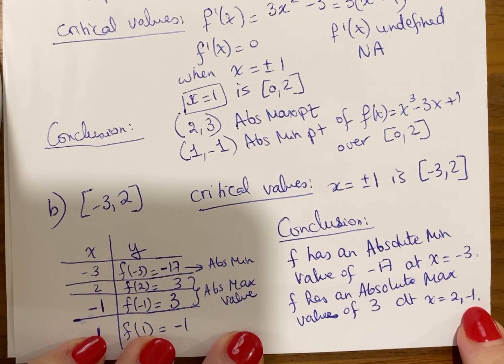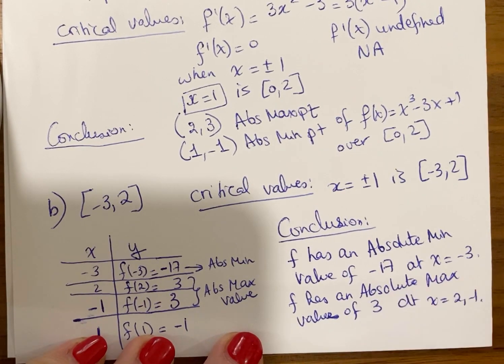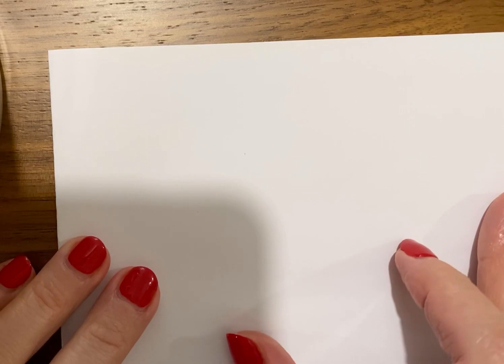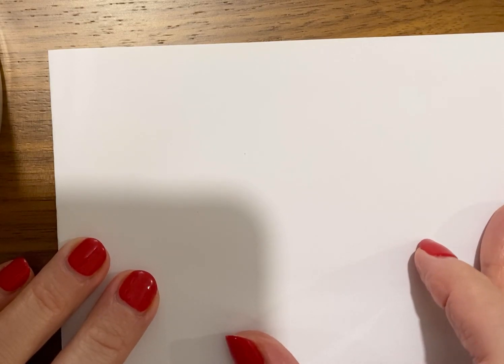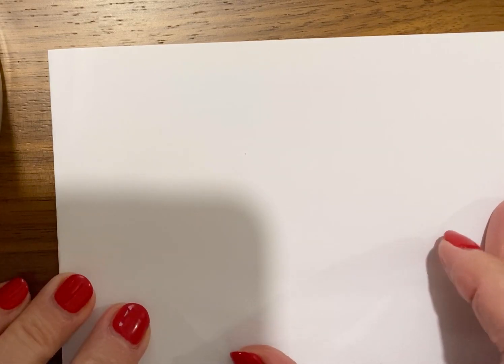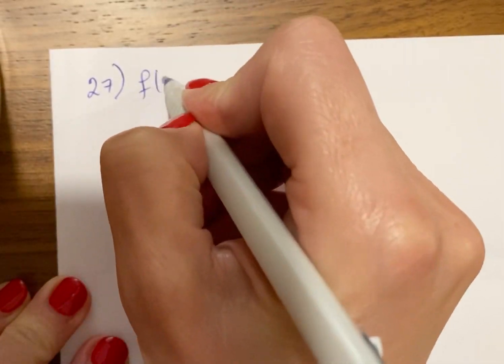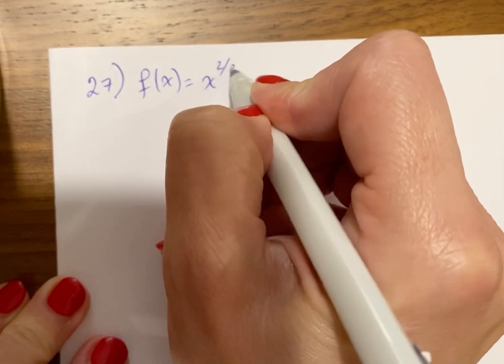All right, this over here covers for me one question. I'm going to do another question on this involving number 27. F of x equals x to the power 2 over 3.